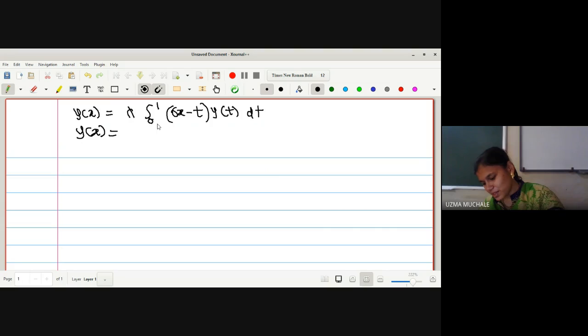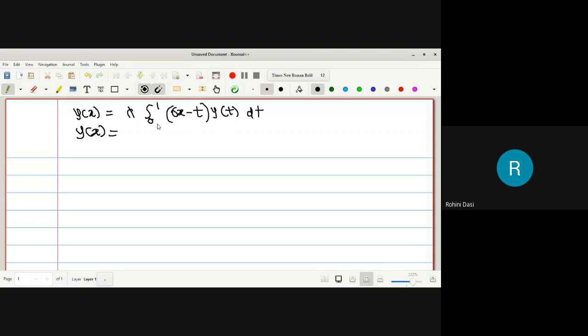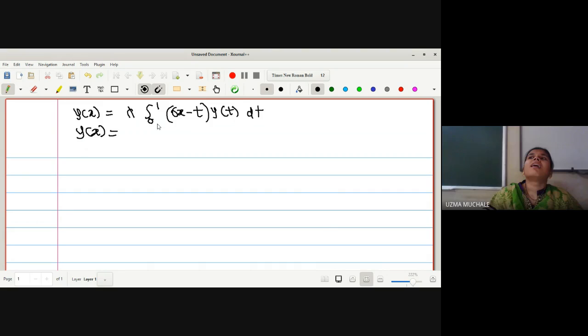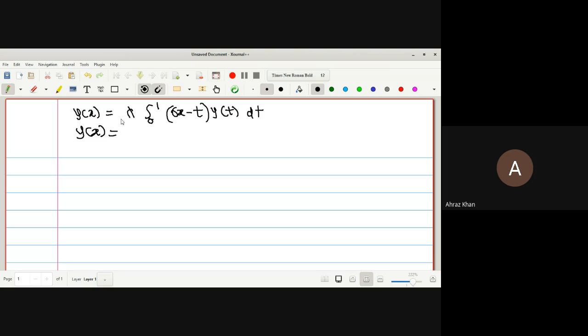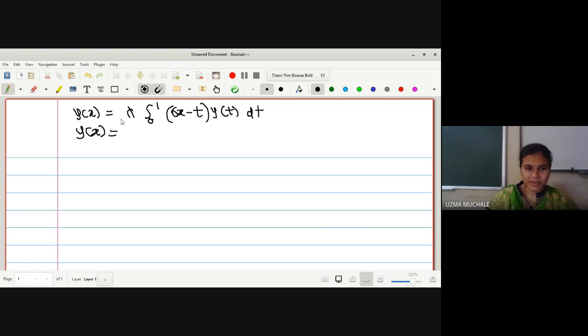Does anyone remember the simple group? No proper, having no non-trivial proper normal subgroup. Yes, no proper normal subgroups. I don't know from where you have seen the definition. Maximal subgroup means... No, ma'am, it is normal. Correct. It is normal, na.